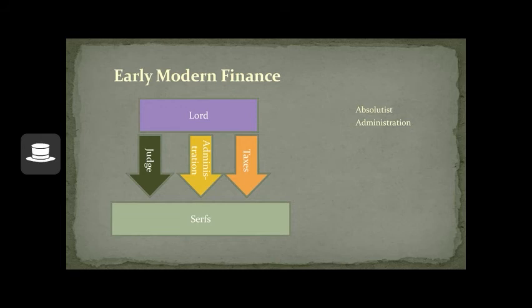Okay. So absolutist administration. Well, earlier we've seen the administration was local, right? The local lord was the judge. He was the administrator. He was the tax collector. He was everything, right? He was the government. The government was in his private hands.